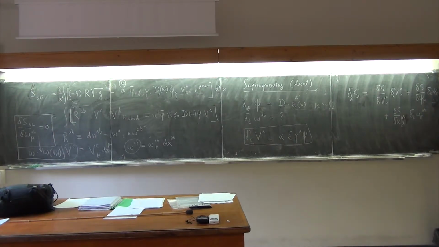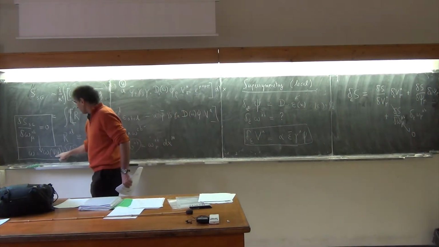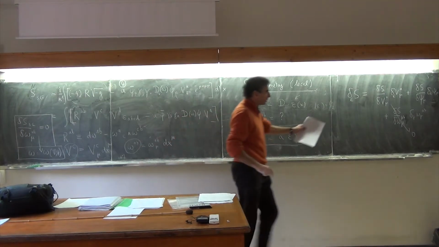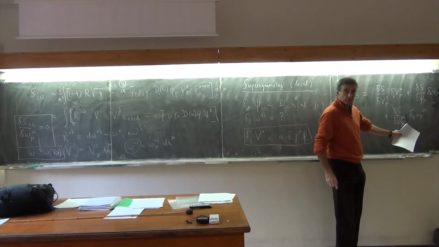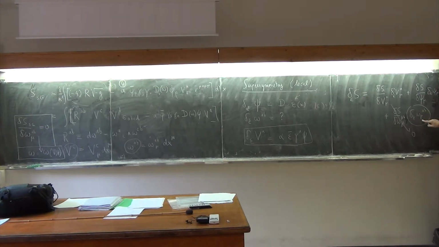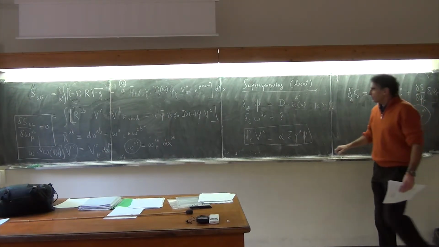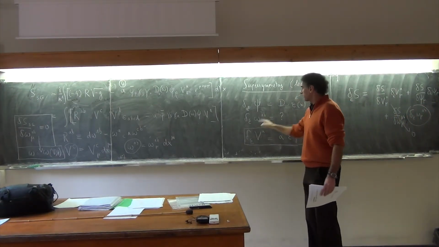But if I am in second order formalism, this has been taken to 0. This equation holds because I'm rewriting omega in this way, and if I rewrite omega in this way, this term is identically equal to 0. So you see, the variation of omega is not relevant to compute the variation of the action under supersymmetry. So I can totally disregard the variation of omega.